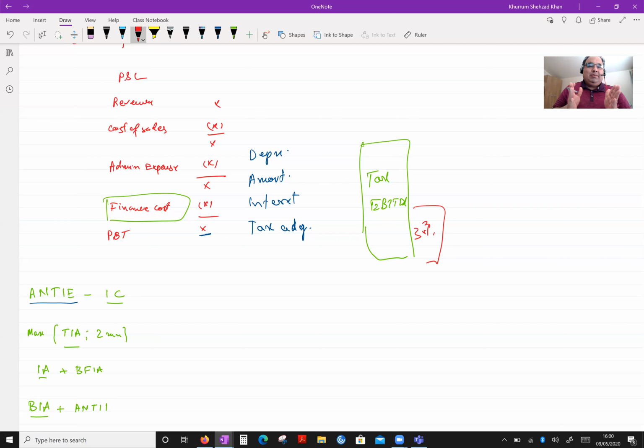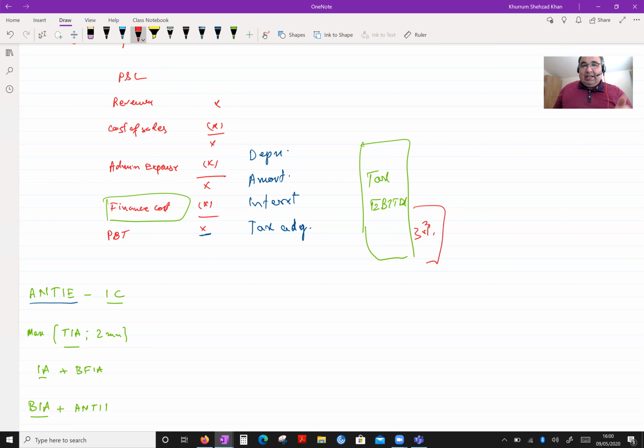Two connected parties can give loans as much as they want, but a third party will lend only up to a certain level. Therefore, HMRC is not worried about those kinds of loans. So if you think your loans are like third party loans, you can go for a group EBITDA calculation and get 30% of your group EBITDA.